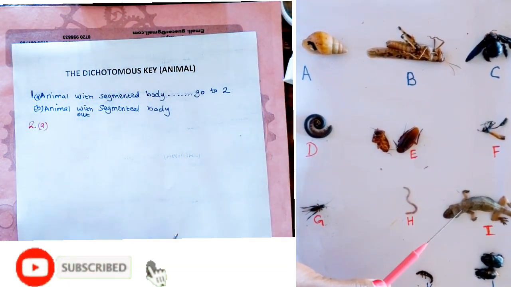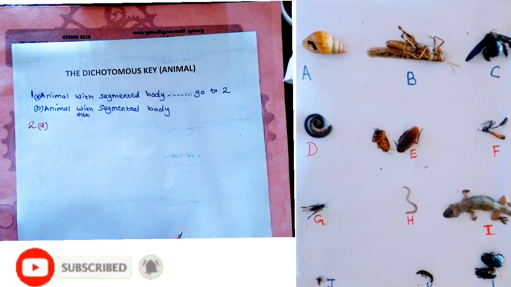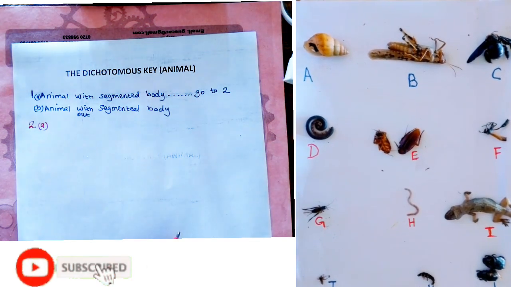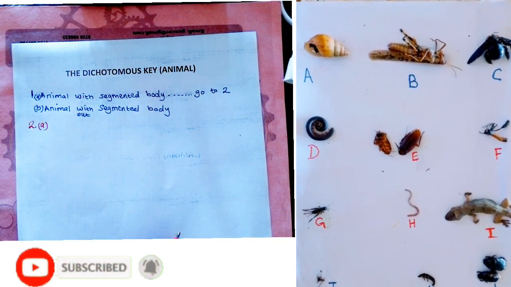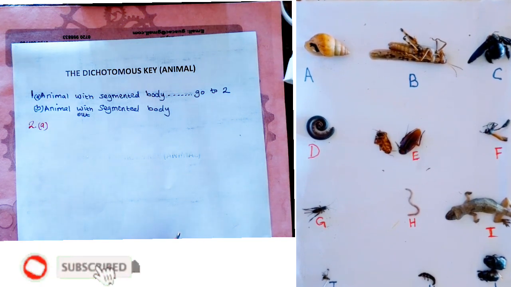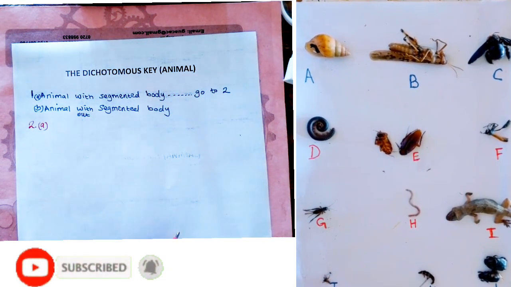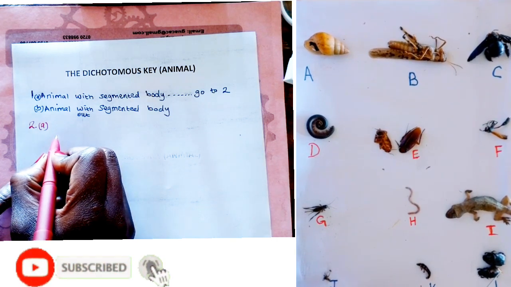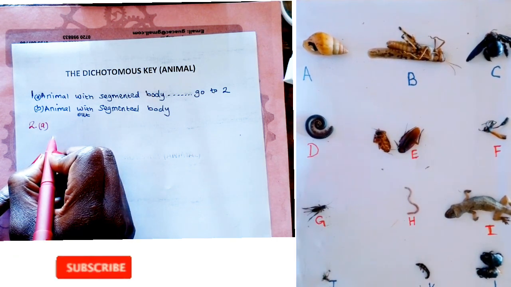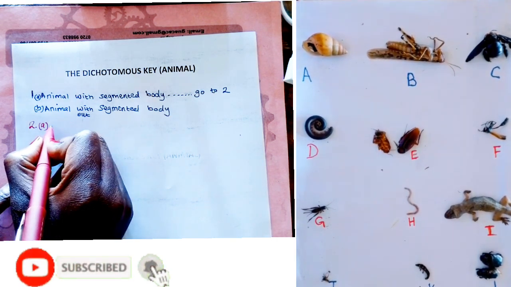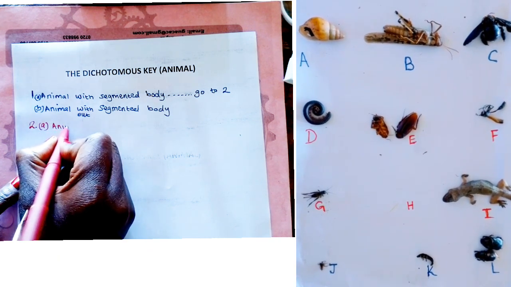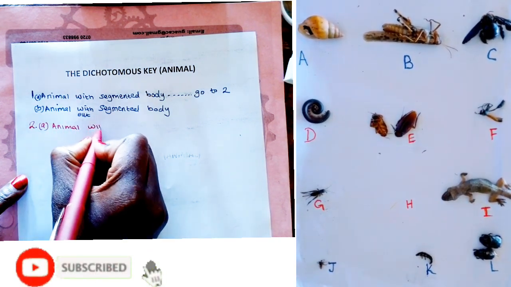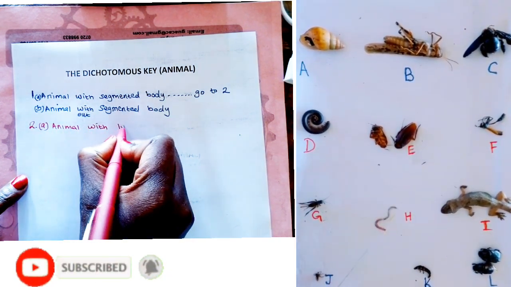So the question that we ask ourselves, because they all have legs apart from H, is that we are going to talk of animals with legs. Okay? Yes. Animals with legs.